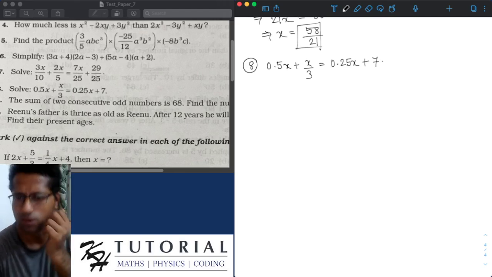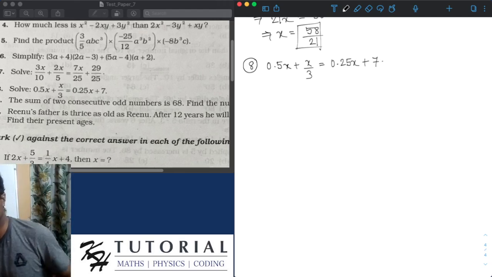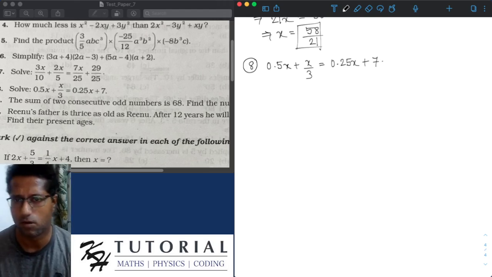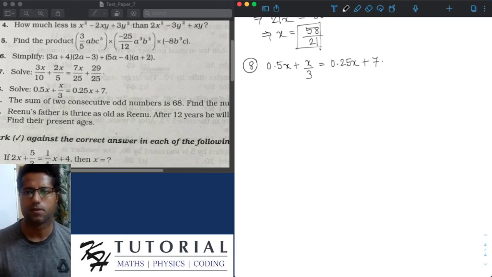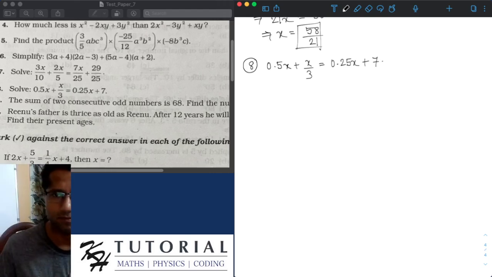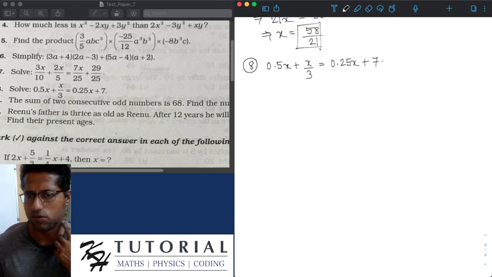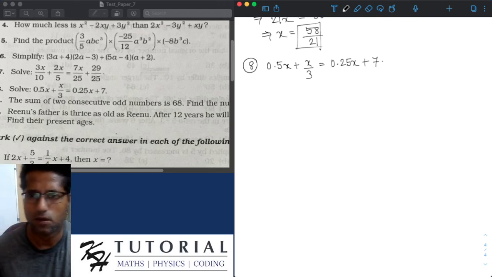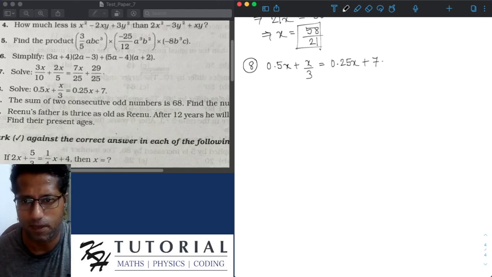But without multiplying by 3, you can simply bring all the x terms to the left hand side and add them up, but you should be comfortable with the addition and subtraction of rational numbers, fractions and decimals. So let's multiply both sides by 3.